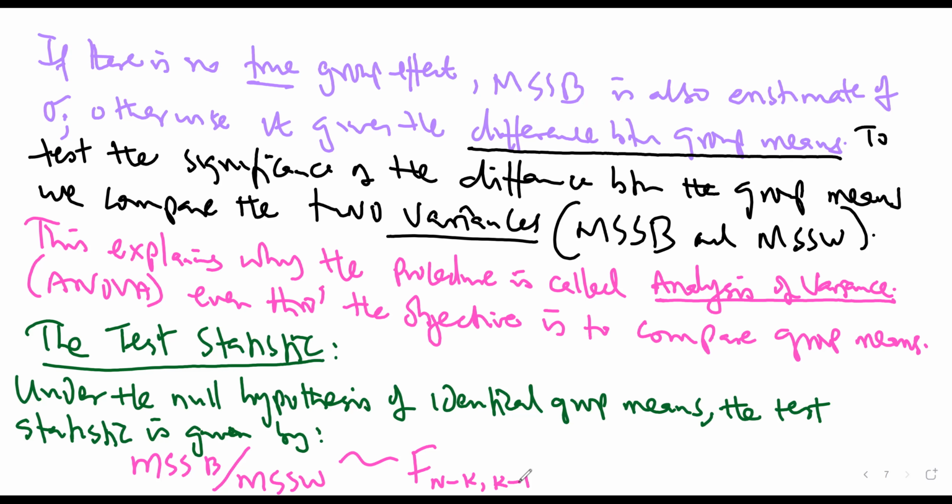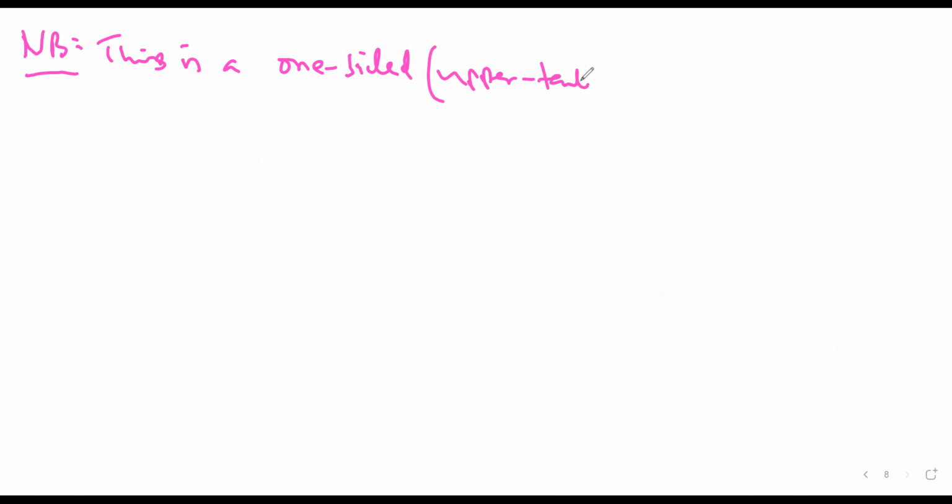That explains why this kind of test is a one-sided test, and more specifically an upper tail test, because there's no possibility of having a lower tail test. So let's note that this is a one-sided test, more specifically an upper tail test.